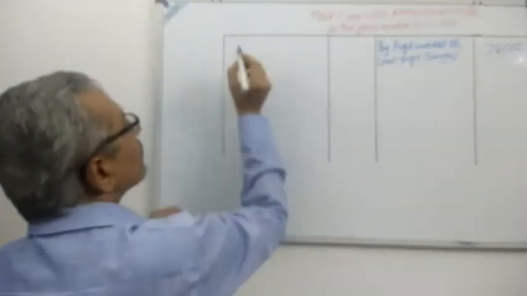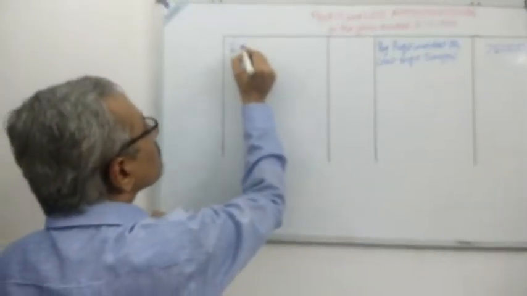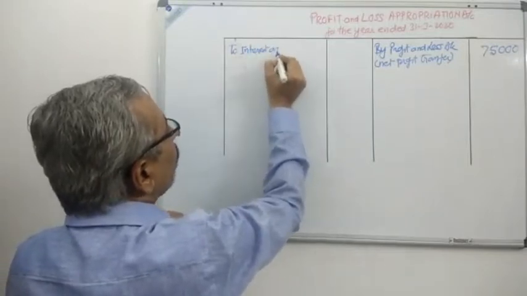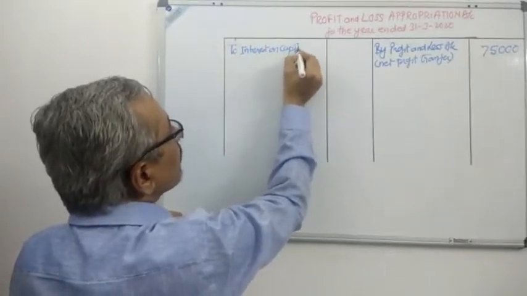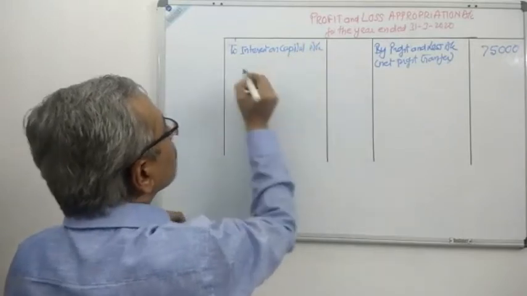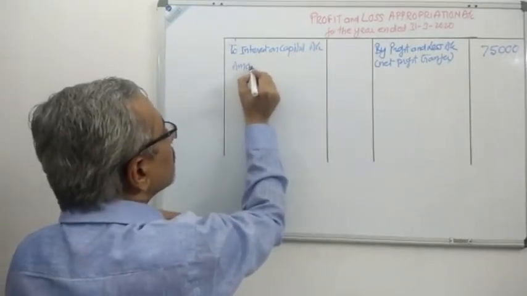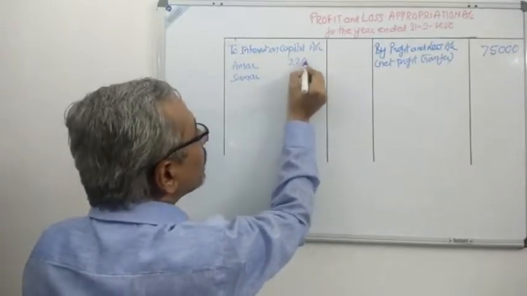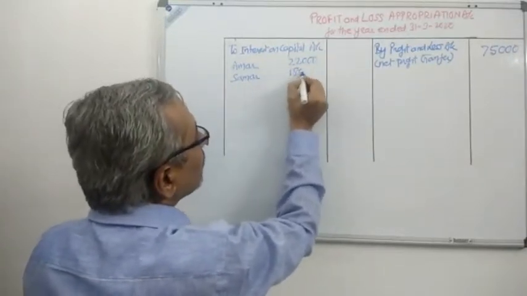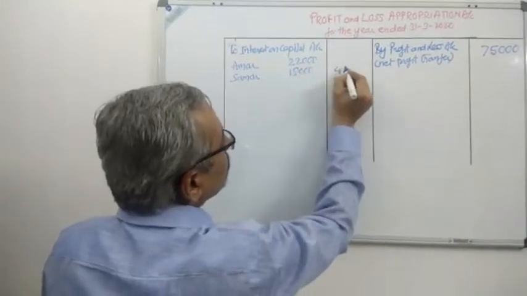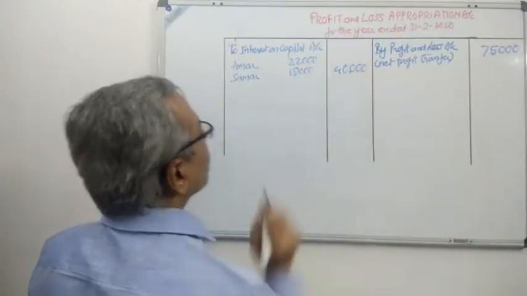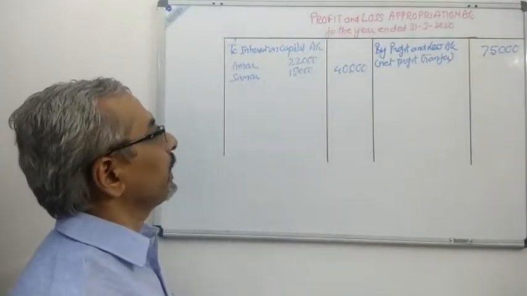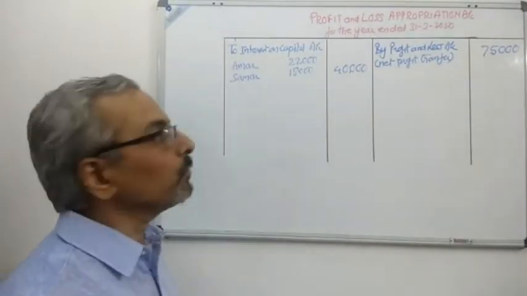Now let us come to the debit side. We have to interest on capital account, 2 partners, Amar and Summer, 22,000 and 18,000. So the total comes to 40,000. Repeat again, interest on capital Amar 22,000, Summer 18,000, and so it is coming to 40,000.